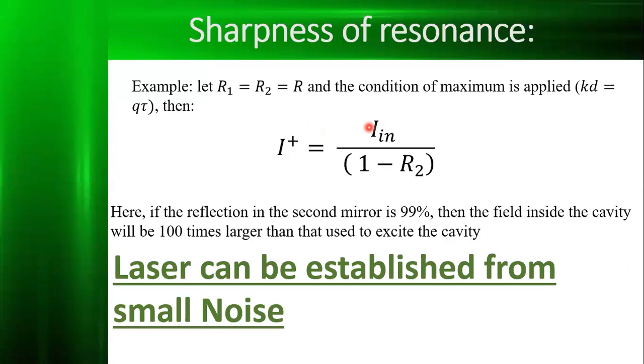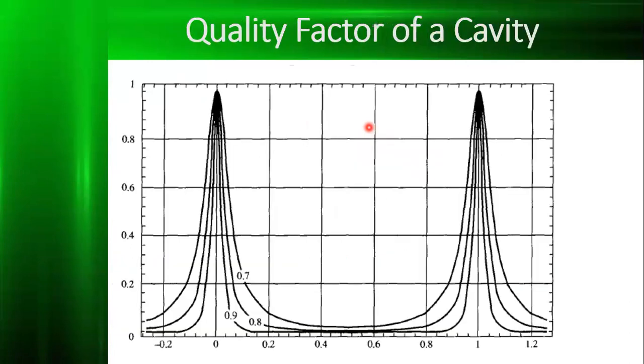How can you excite a huge amount of light intensity using a very small amount of light? Maybe this small amount of light is simply some noise. How can you make a very large signal, or a very large intensity of photons, inside the cavity using some unwanted noise? This is a very important equation.